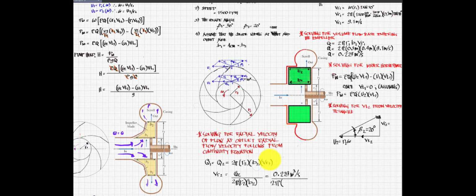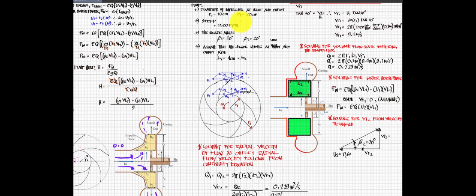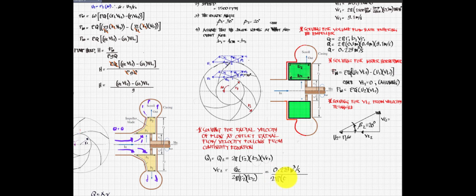Ang radius 2 natin is 20 centimeter, that will be 0.2 meter. Then multiply by the thickness, which is the same, 0.04 meter.